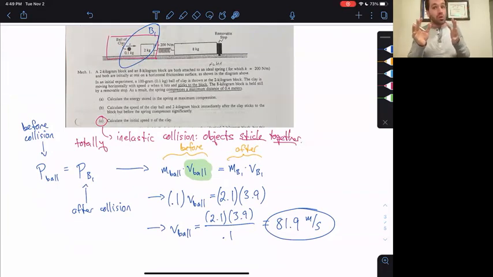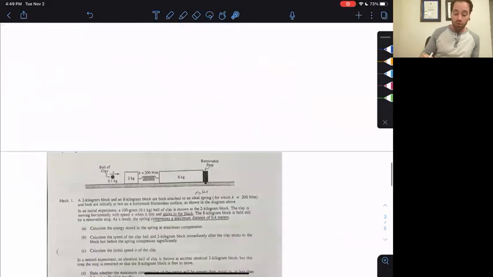But in order for it to start moving stuff, it needs to be going wicked fast. So the 0.1 kilograms doesn't have a lot of what you would call momentum density, which is what mass is. But it does, in order to get the system moving, need a lot of momentum, what you could call volume, which is velocity. So 81.9 meters per second, very fast, but it is the only thing that works for this.